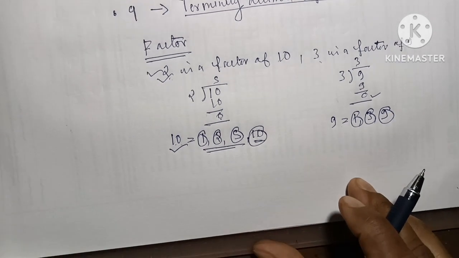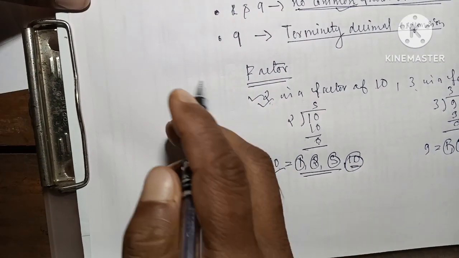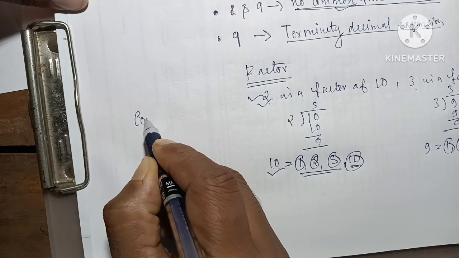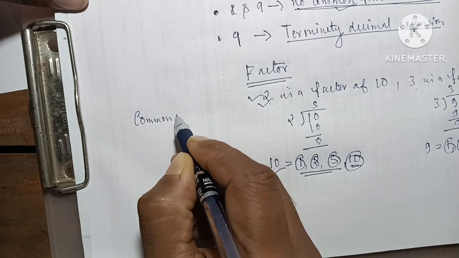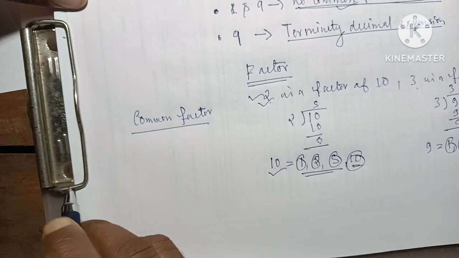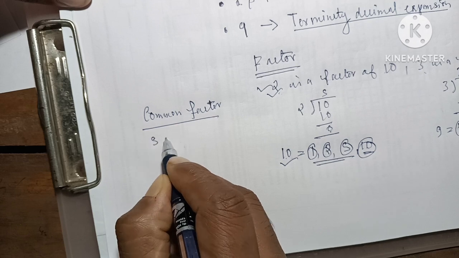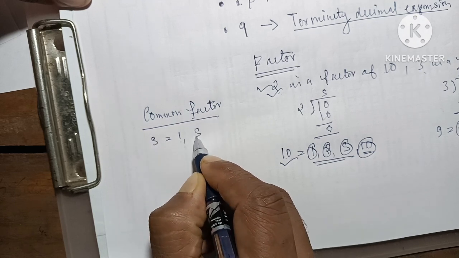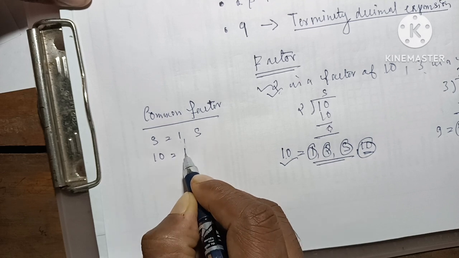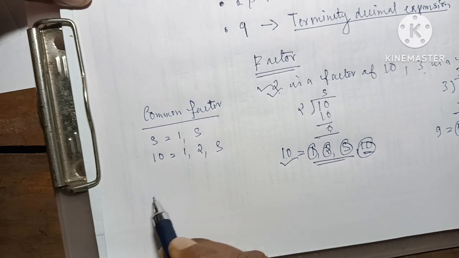Then come to the common factor. Which ones are called common factors? Let's explain about the common factor. What do you mean by common factor? Just like the factors of 5 are 1 and 5, and the factors of 10 are 1, 2, and 5.